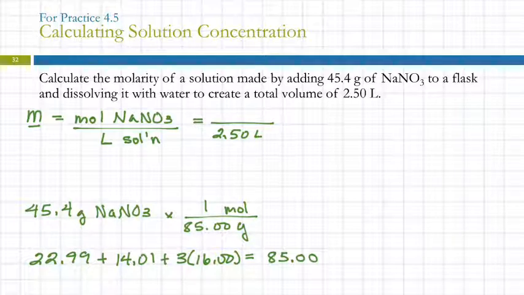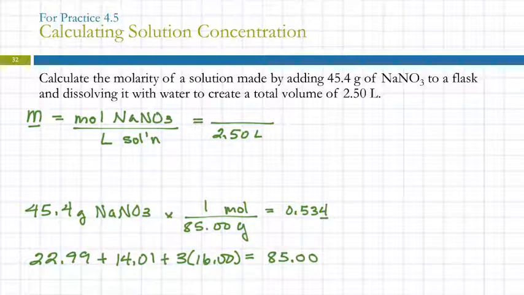Got the 45.4 divided by 85.00, 0.534. The sig figs on this number of moles are going to be limited by the 3 sig figs in the mass.